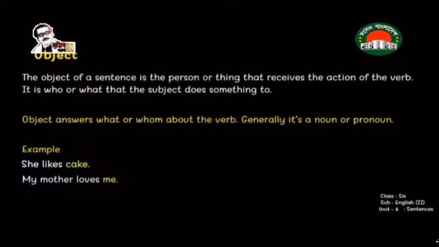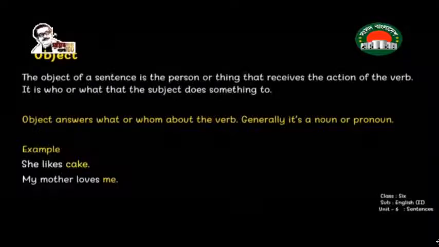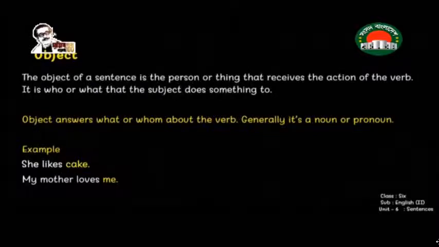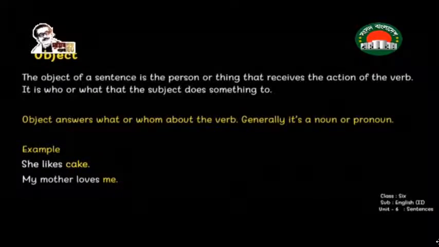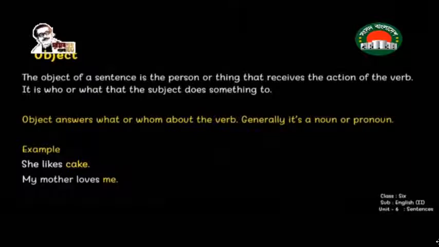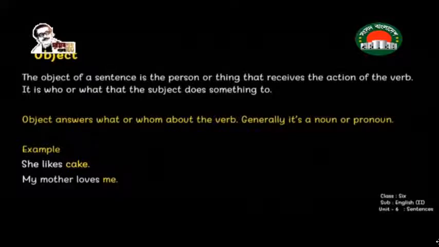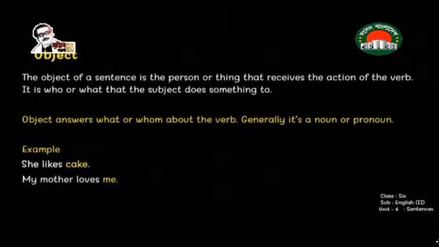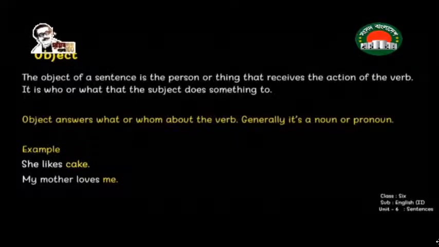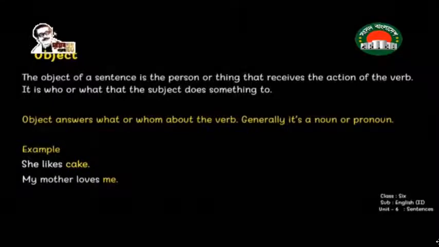We have our verb likes. Now we need to ask the verb questions with what or whom to find out the object. She likes what? Yes, cake. So cake is the object here. Similarly, my mother loves me. Whom does my mother love? Yes, the answer will be me. So me is the object of this sentence.